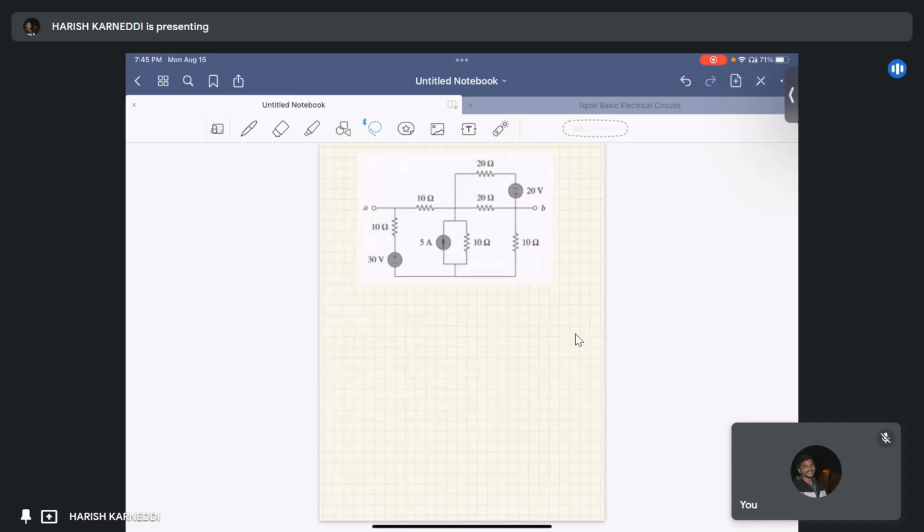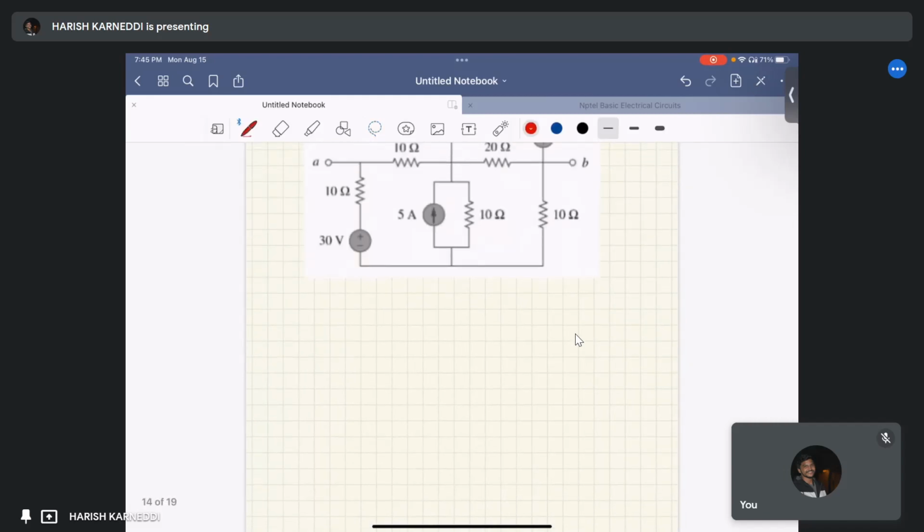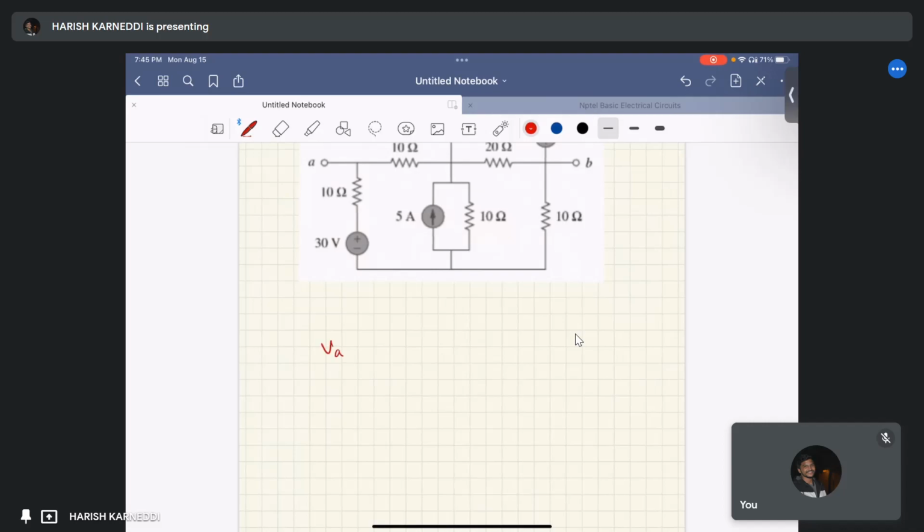I'm just redrawing the previous circuit, that is VA, 10 ohm, 10 ohm, 30 volts, 10 ohm, 50 volts.